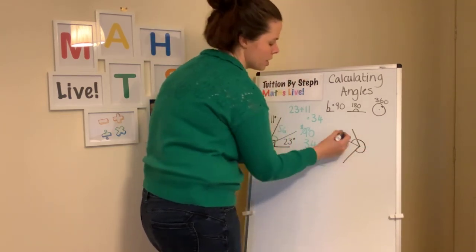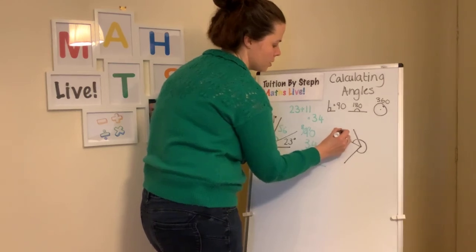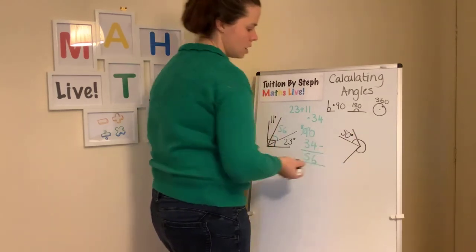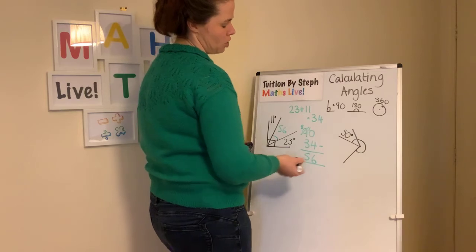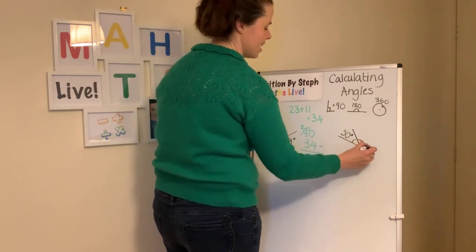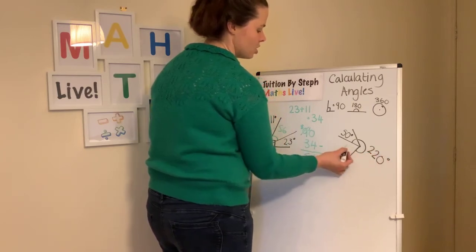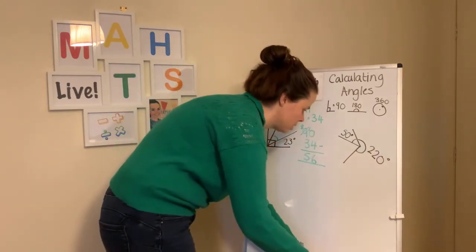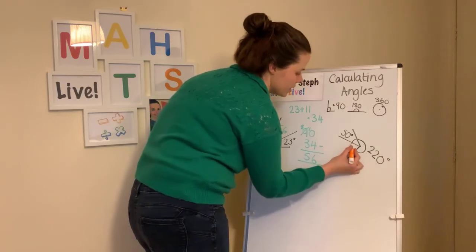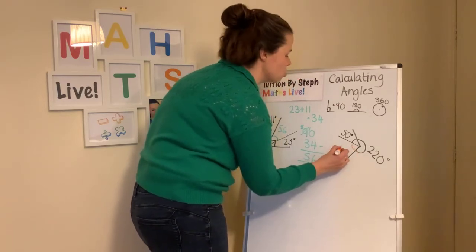So you might be told that this is, I don't know, 50 degrees, and you might be told that this is 220 degrees. So you need to find the size of this angle, which I'm going to call angle W.